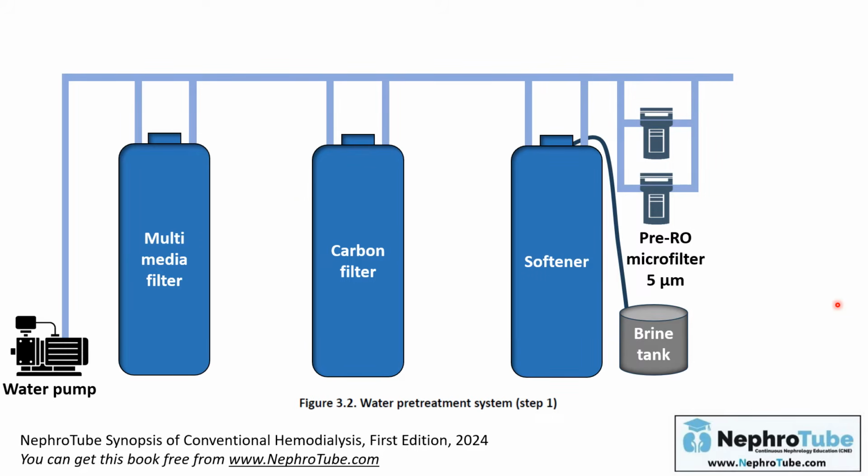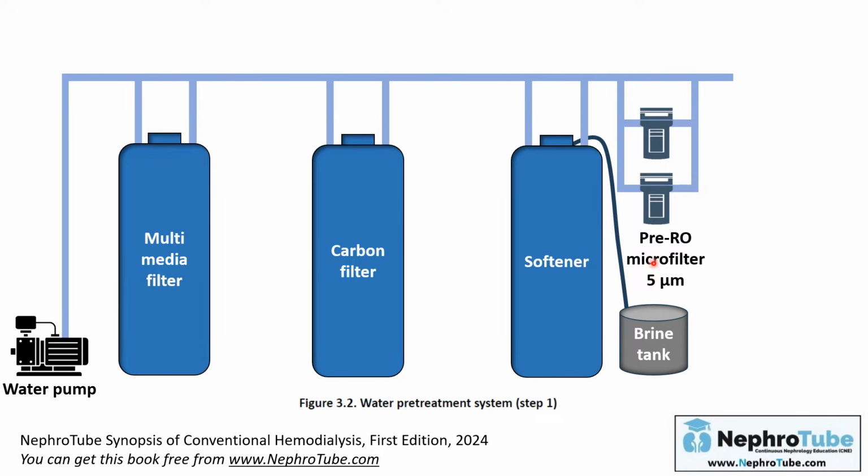The next step after the softener is the pre-RO microfilter. The coming step, in step 2, is called reverse osmosis. Before the reverse osmosis, it is better to put these cartridge filters or microfilters. We can put 1 or 2 with different sizes.